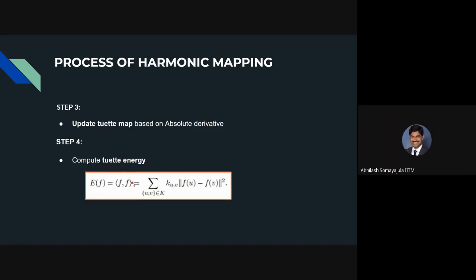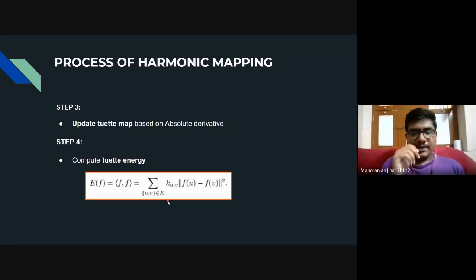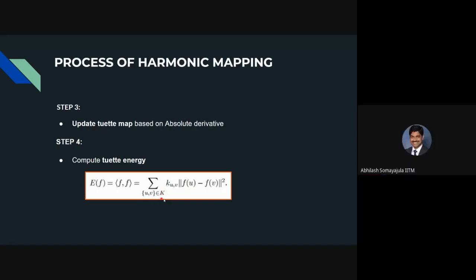Manoranjan, here K represents the mesh, right? Or one panel of the mesh, I guess. Yeah, K represents what they call a simplicial complex, in which they have all the panels. Correct. So in this case, since it's a triangular mesh, it will represent one triangular panel. Correct.